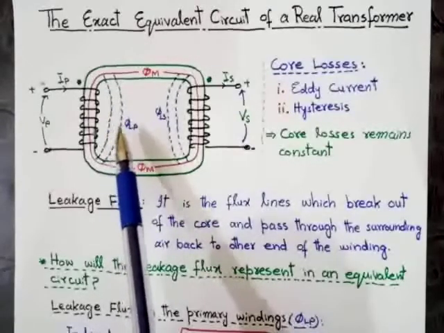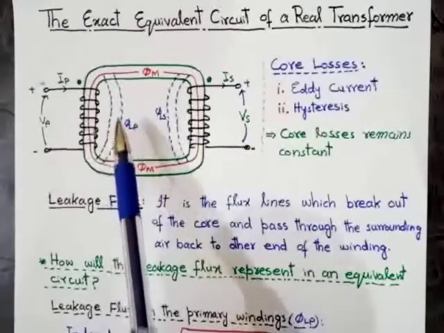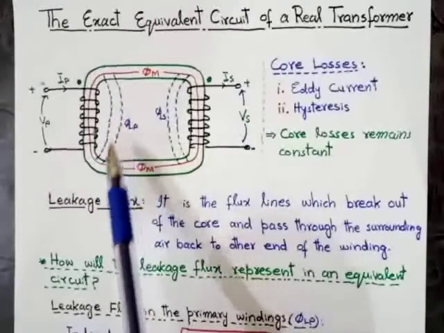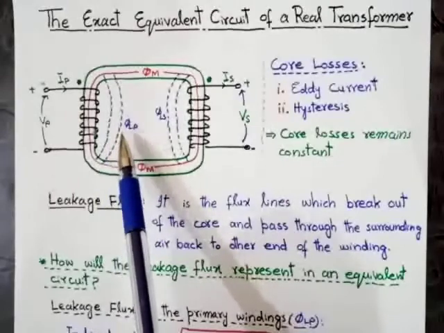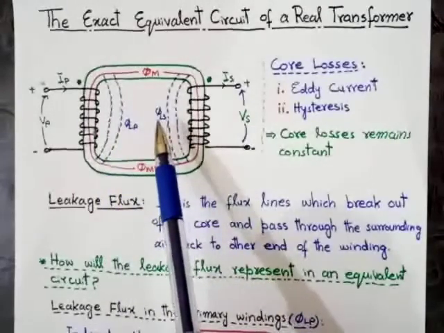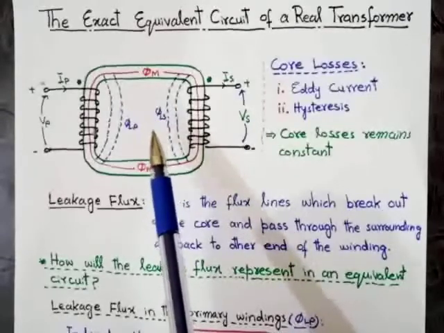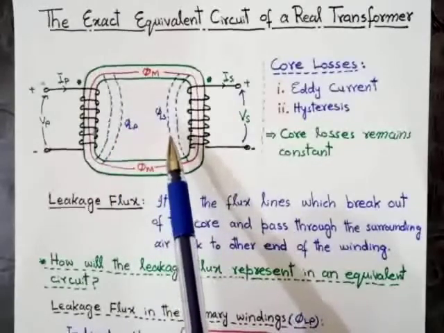These flux lines break out of the core and pass through the surrounding air back to the other end of the winding. So this is the leakage flux of the primary winding, and this is the leakage flux of the secondary winding. The leakage flux occurs in both the primary and secondary circuits.